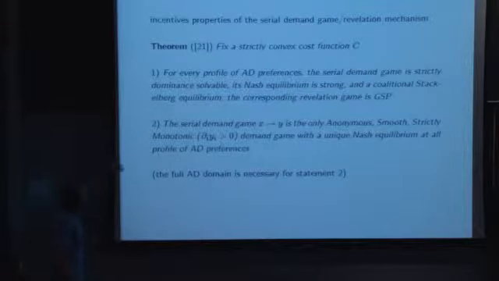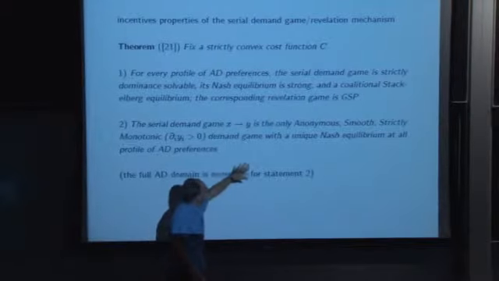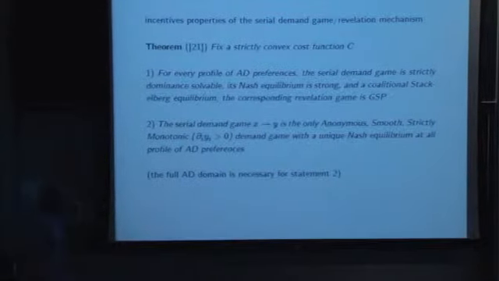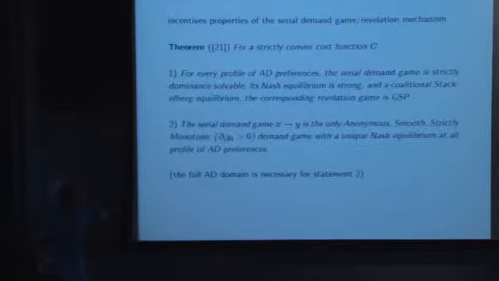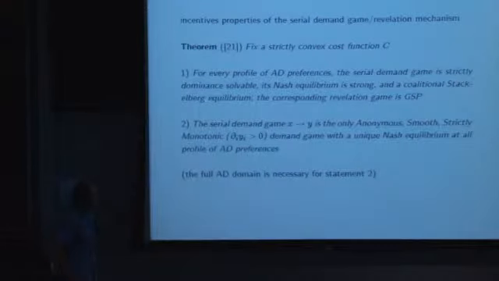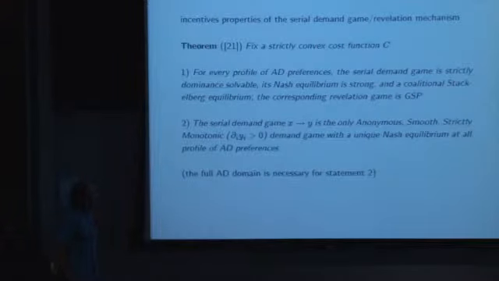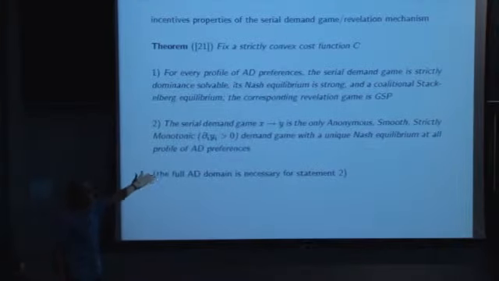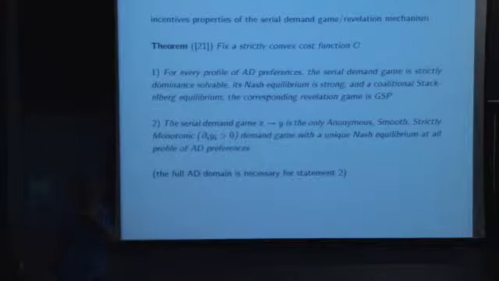Now, it turns out that the mechanism can be characterized, with some extra little assumption, by the property that it has a unique Nash equilibrium at every profile of Arrow-Debreu preferences. And here you really need the full Arrow-Debreu domain. It would not be enough, this statement is not correct, if you require a unique Nash equilibrium at all profiles of, let's say, quasi-linear utilities.